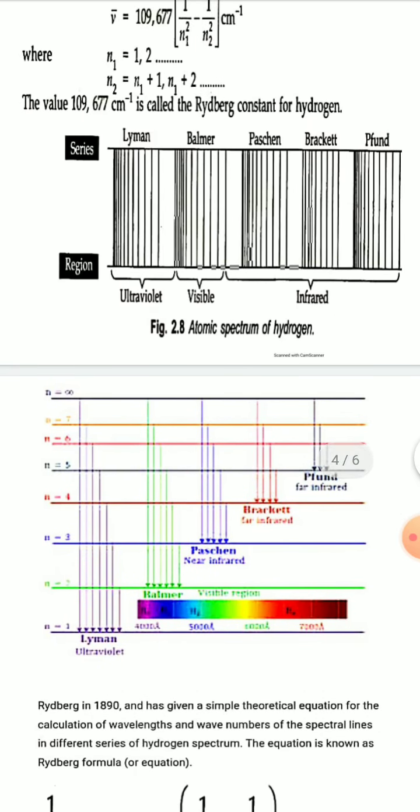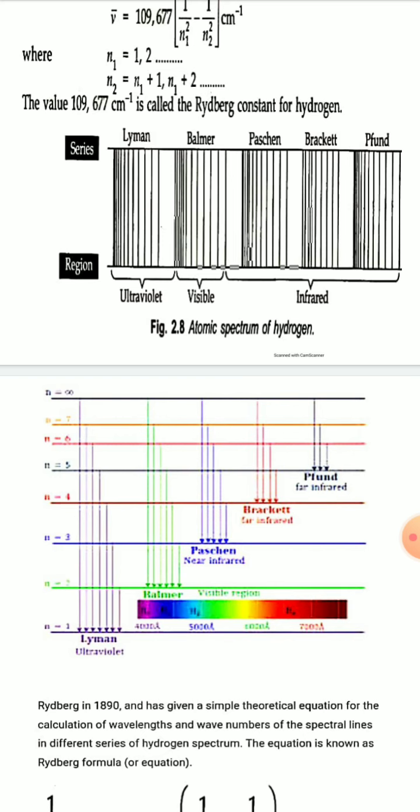Here in this figure, you can see when electronic transition occurs from n equal to second shell to first shell, third to first, fourth to first, fifth to first, sixth to first, seventh to first, or infinity to first shell, you will get a line spectrum which is called the Lyman series.